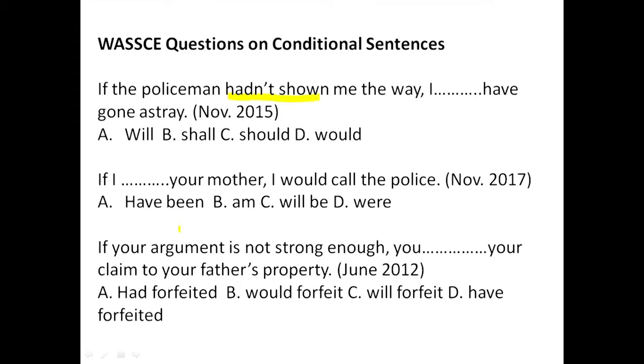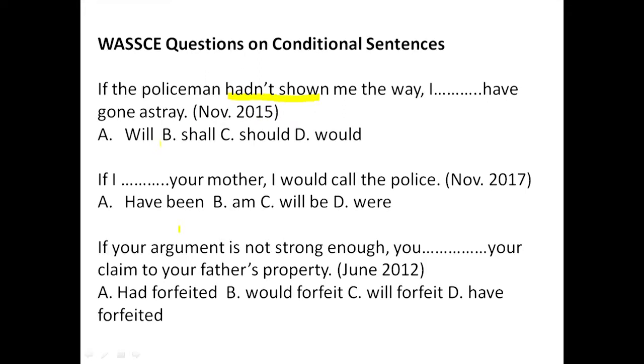We have a structure: if plus past perfect. This one is about condition 3. So any verb occupying this space has to do with the would aspect. So if the policeman hadn't shown me the way, I would have gone astray.